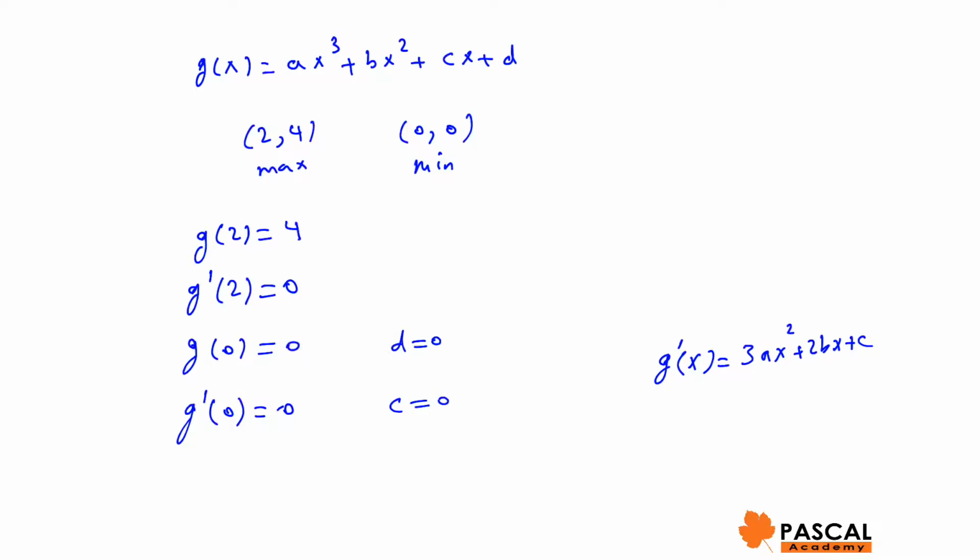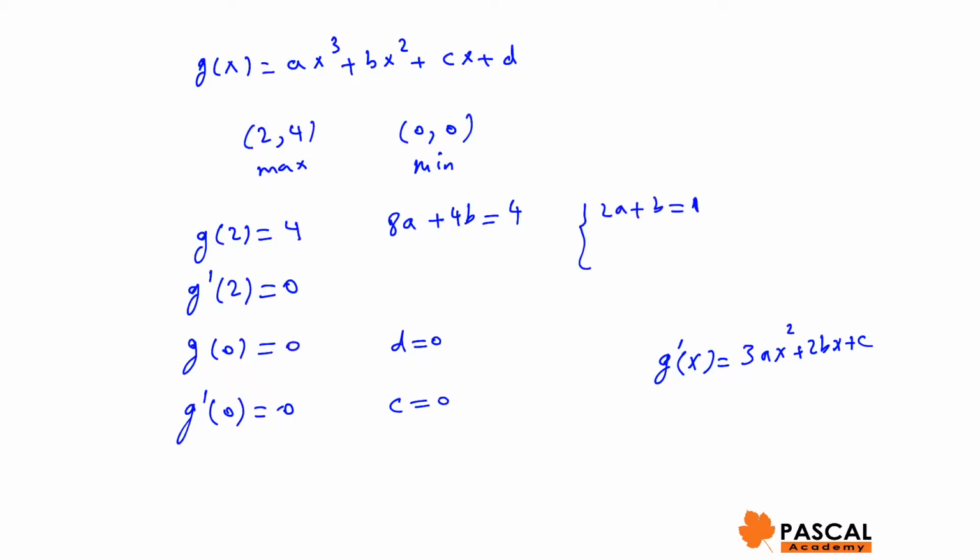G of 2 equals 4. That means 8a plus 4b equals 4, or 2a plus b equals 1.